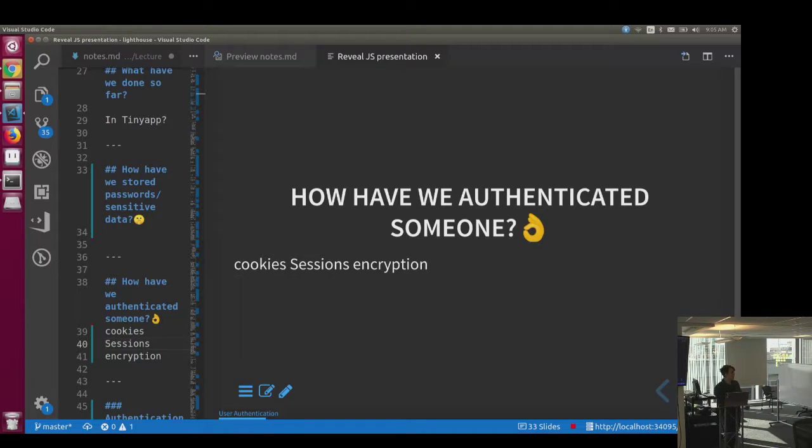Was there a good understanding on the difference between sessions and cookies? What did we understand the difference between those two were? Yeah, cookies, there's a few differences, but one of the main ones is cookies are stored client-side, sessions are stored server-side.